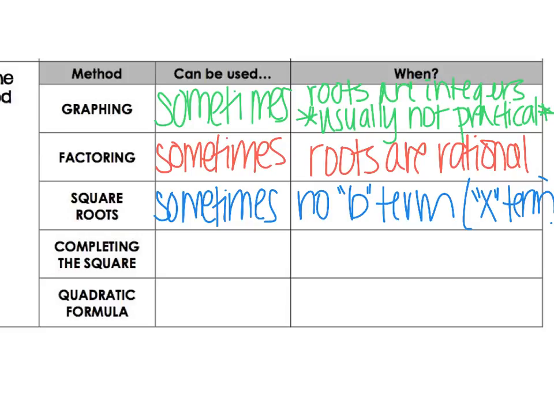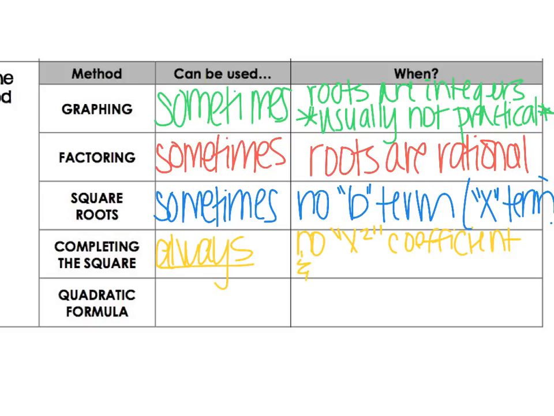Now we can solve by completing the square always. So this method will always work. And the best time to use this method is when there's no coefficient in front of the x squared. There's no a. Then it's easiest to use solving by completing the square.